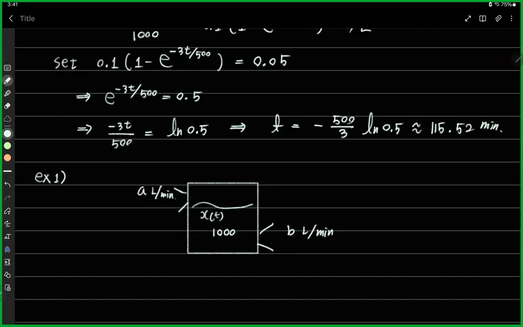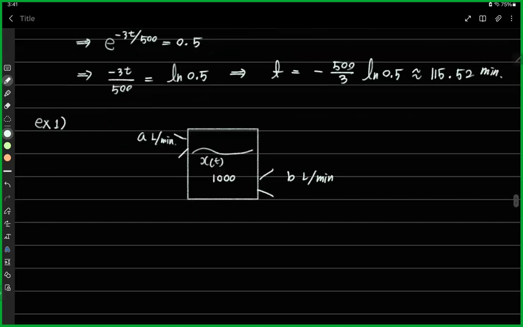Hold on a second. So A and B, think about this. If A is different from B, let's say A is greater than B, and let's say C kilograms per liter is the concentration of the volume that comes in.